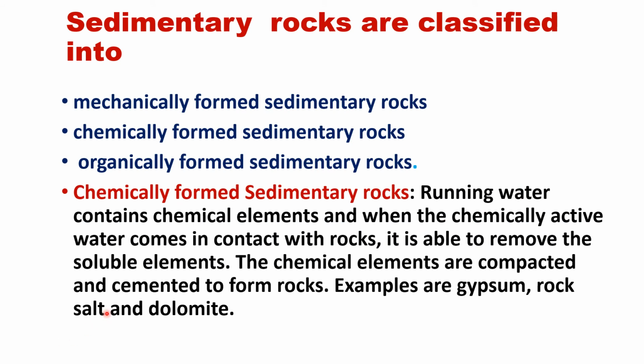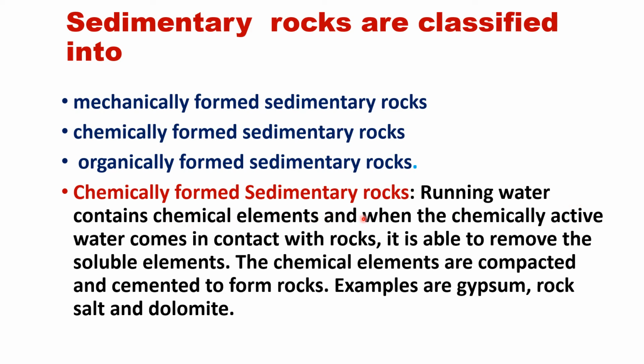Sedimentary rocks can further be classified into mechanically formed sedimentary rocks, chemically formed sedimentary rocks, and organically formed sedimentary rocks. First, let us examine how sedimentary rocks are chemically formed. Running water contains chemical elements.